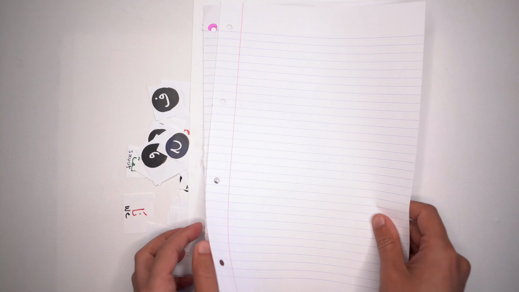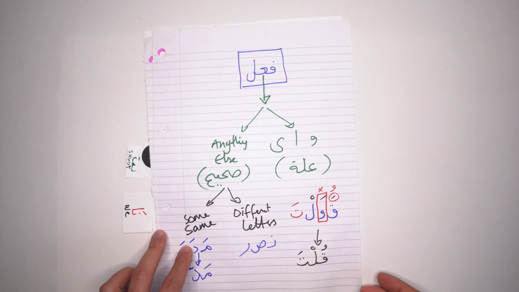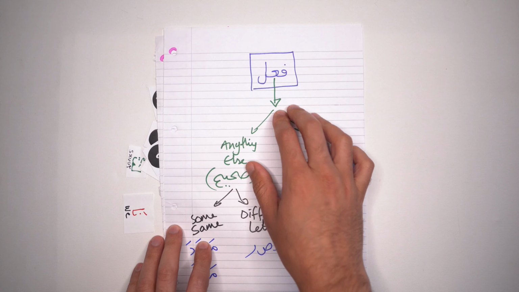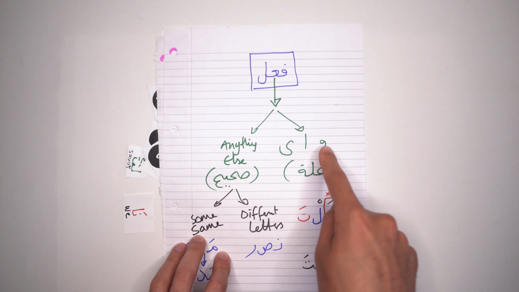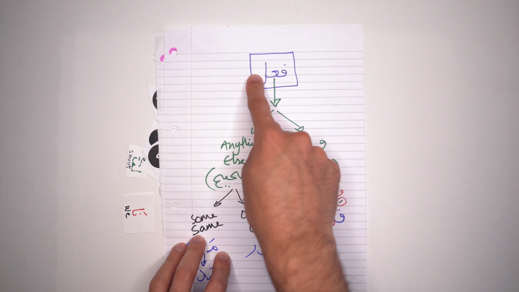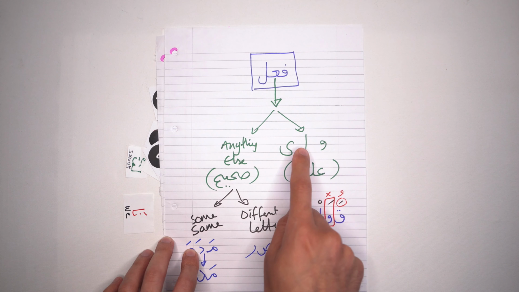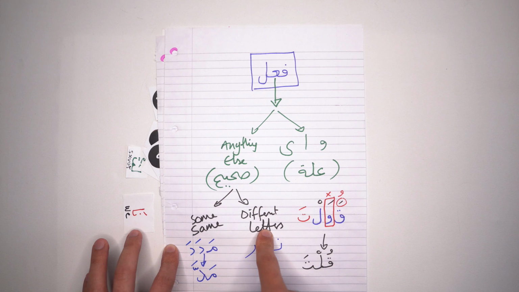If you remember, I drew this and said that all past verbs on the first pattern, the fa'ala pattern, are either going to contain a harf illa, which is waw, alif, ya, in one of the 3 letters, or more than one, or there's not going to be any waw, alif, ya, and then you call this sahih.